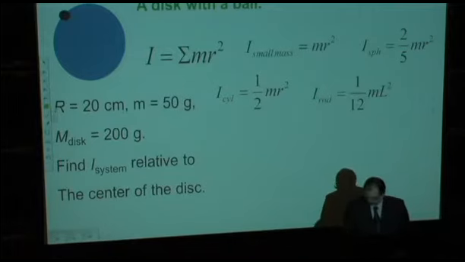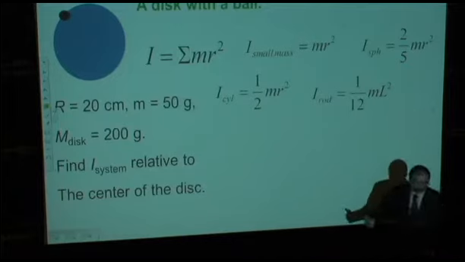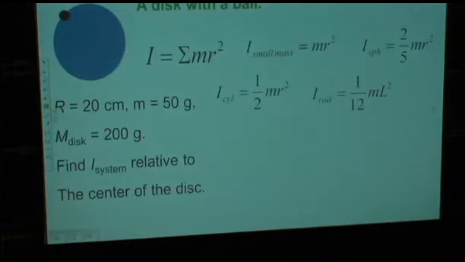If instead of a rod you have a disk, what do we do? The total inertia of this system should be equal to 1/2 times the mass of the disk, 0.2 kilograms, times the radius of the disk, 20 centimeters, which is 0.2 of a meter, squared.